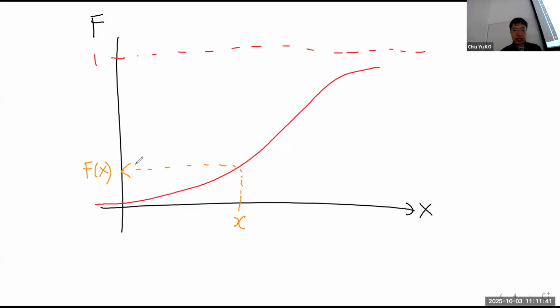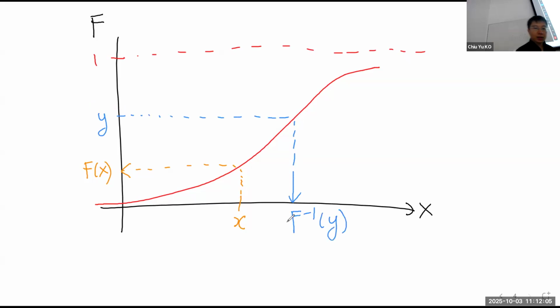And the inverse is the following. You give me a number y here, and you go the other way around. Then this is F inverse of y.